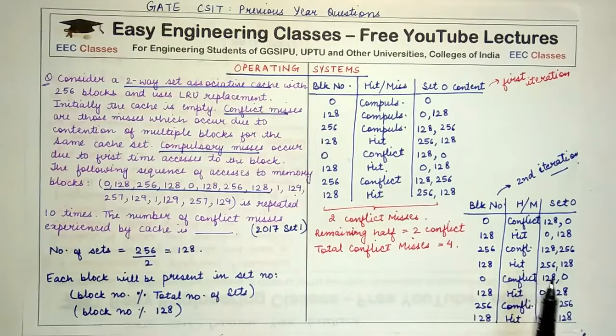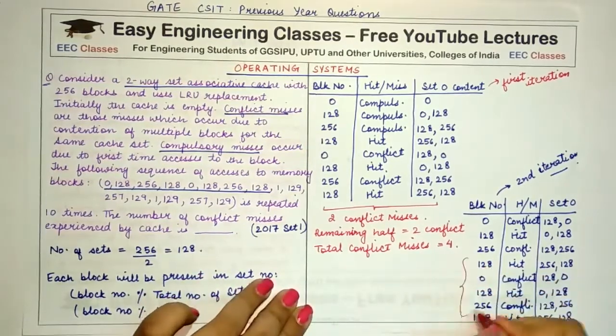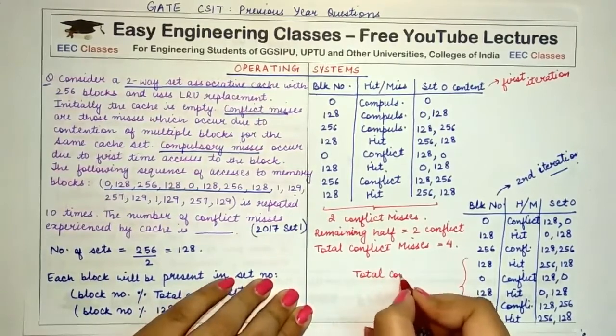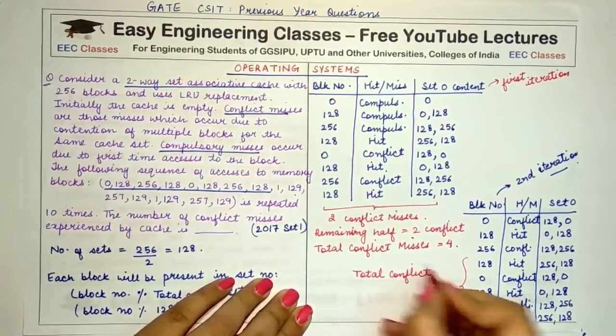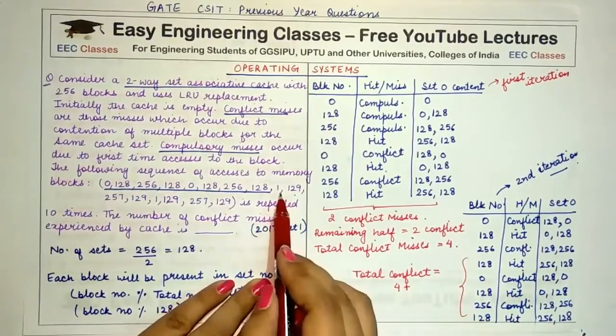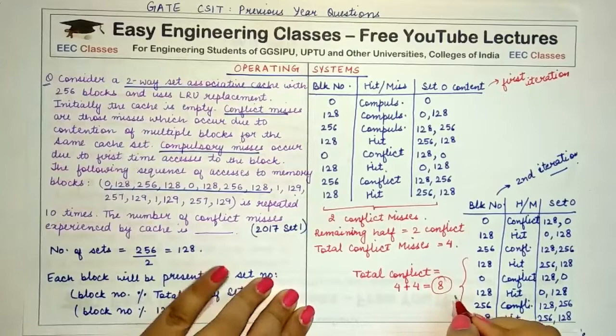This is the pattern for half the number. Alright, if you see in this case, total conflict misses here would be 4 plus 4, because 1, 2, 3 and 4, and for the remaining half 1, 129, 257, you will calculate, it would come out to be 4 again. So the total is 8 here.